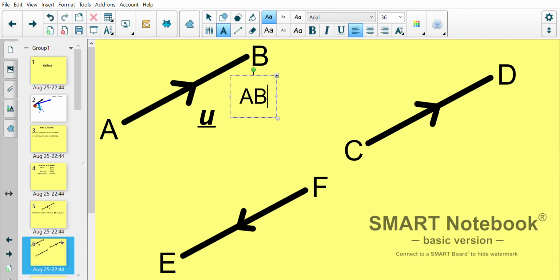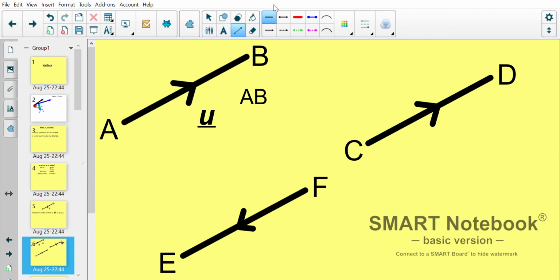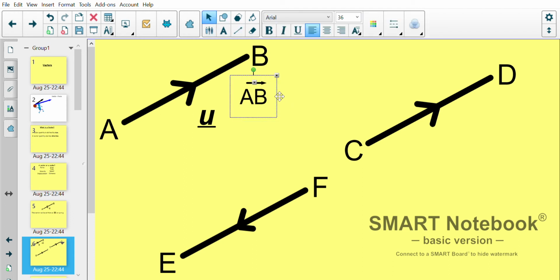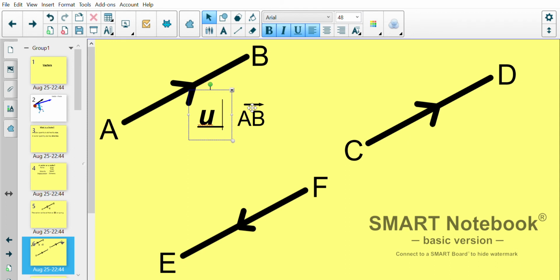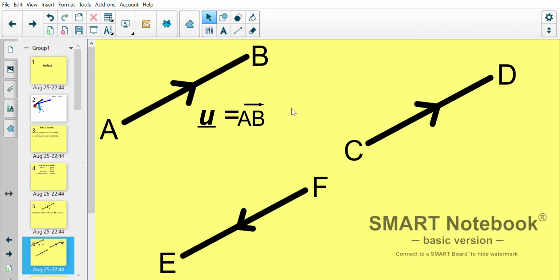So it's going to be AB, like before, and we pop a little arrowhead on the top to say we're going from A to B. So vector U equals A to B. And these are 2 ways we can write vectors. When you're asked to name a vector 2 ways, these are the 2 ways.